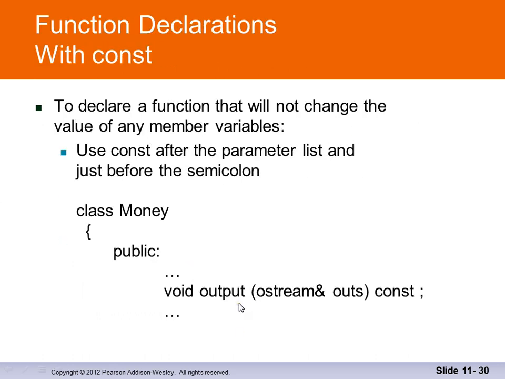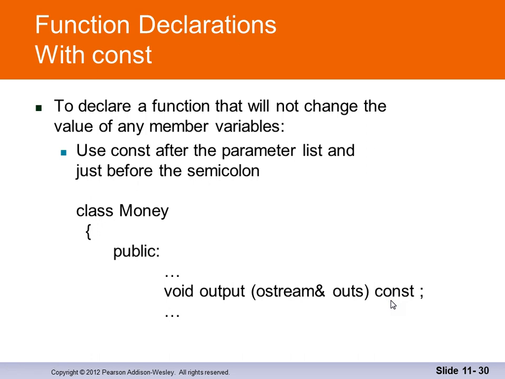If you have any member function, like output, and this function is not allowed to modify its calling object, because you'll have amount1.output, the calling object, if you know that this function is not allowed to modify the calling object, then you just add the keyword const after the declaration and definition of the function.